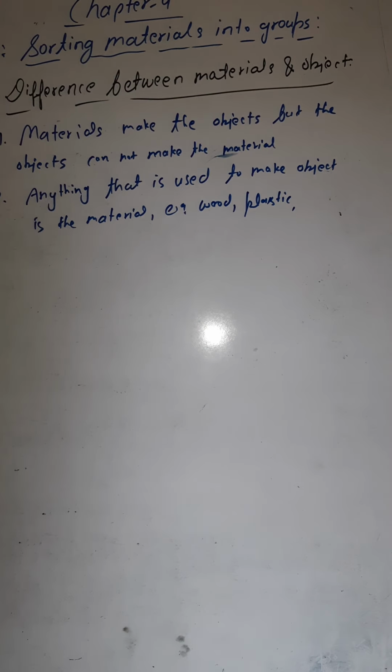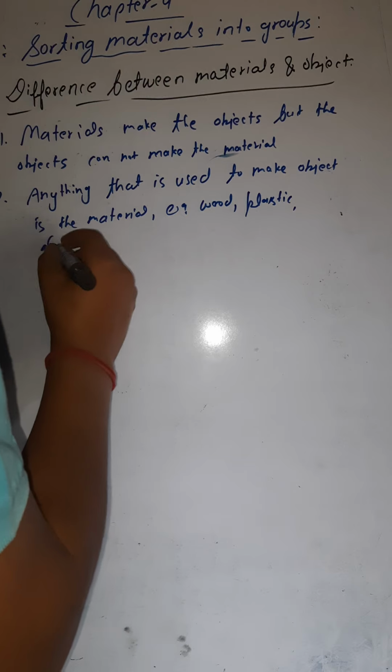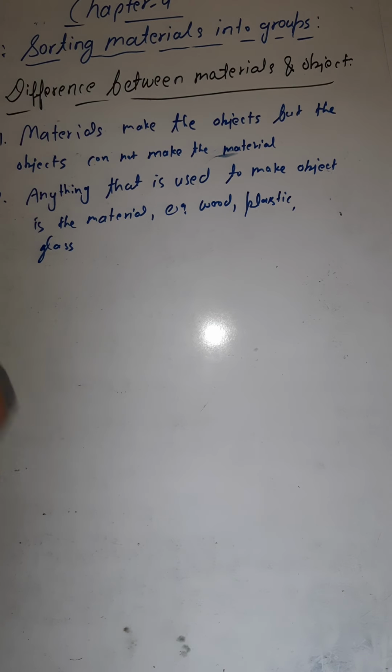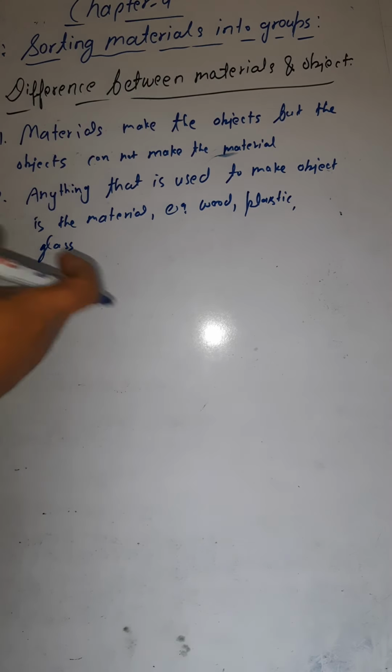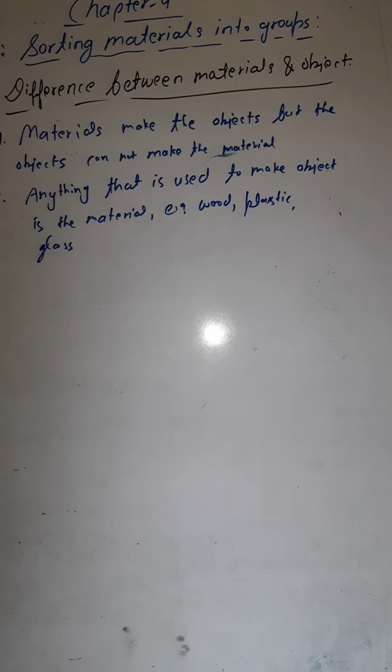Like this sheet of glass, or glass. We are making the tumbler, the flask, or the beaker out of the glass. So this glass would be a material, and the things which are being made out of the glass would be called the objects. Are you getting this? This is the basic difference between the objects and the materials.